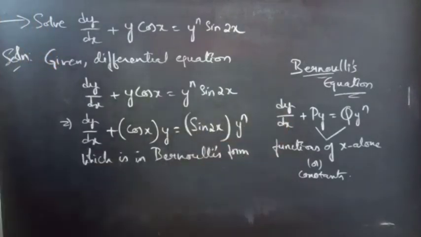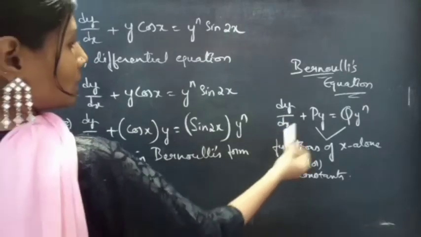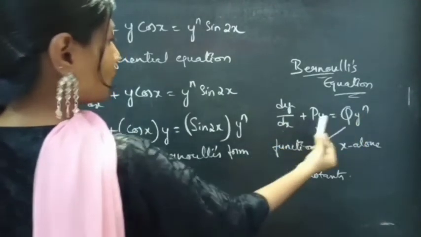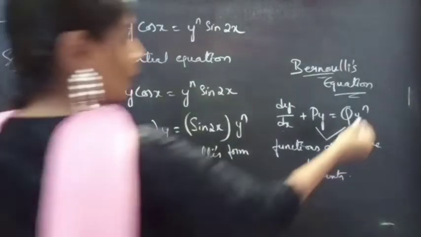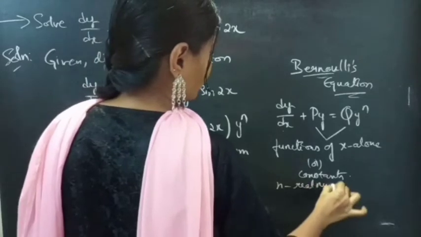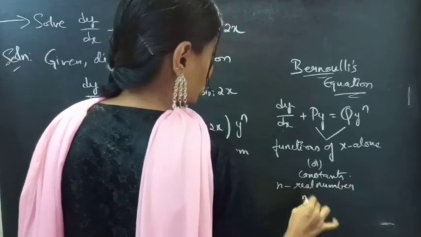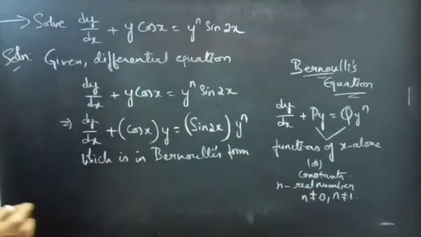By comparing these two equations, we know that the Bernoulli's equation in y and x is of the form dy by dx plus p into y equals q into y power n, where p and q are either functions of x alone or constants, and here n is a real number such that n not equal to 0 and n not equal to 1, right?